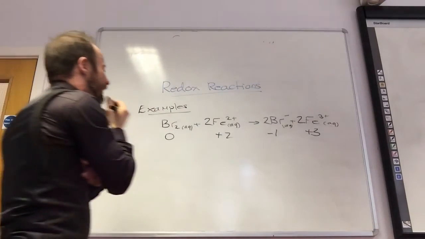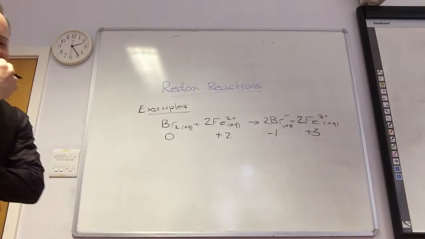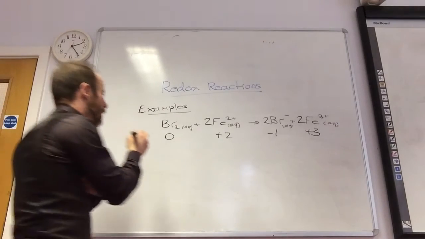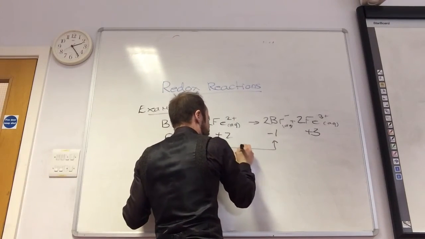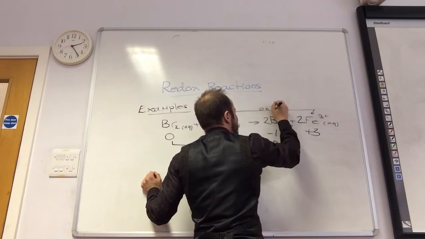That makes it work. So bromine has gone from 0 to -1, so it's reduced, and iron has been oxidised.